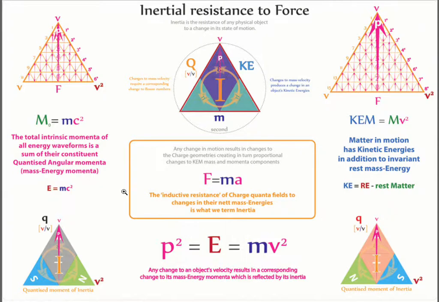So we can relate the linear momentum to the scalar quantized angular momentum through the square root, or the squaring of the linear momentum. So if we square linear momentum, we can of course calculate the scalar energy of the field, mv squared. And of course, if you were to take the square root of the energy from mv squared, you get mv, the linear momentum of the system.